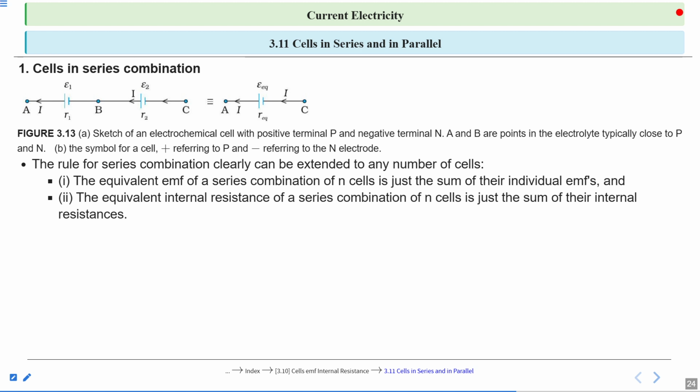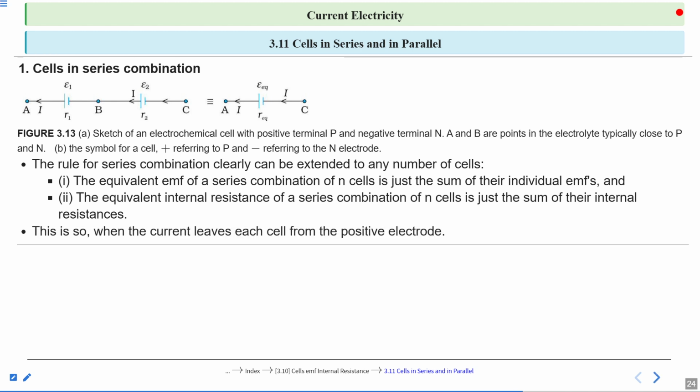The equivalent EMF of the series combination of n cells is just the simple algebraic sum of their individual EMFs. And the equivalent internal resistance of a series combination of n cells is just the sum of their internal resistances, also a simple algebraic sum.